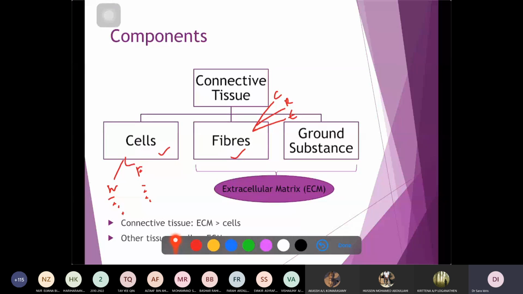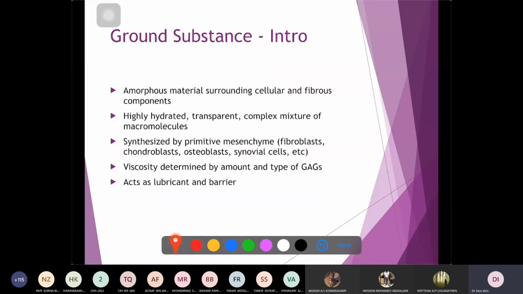It's quite important, of course, but I don't want to go into the different molecular level explanation for ground substance. So just know that ground substance is amorphous material surrounding cellular and fibrous components. It's sort of like if you have a cell, there's the cytoplasmic part. Ground substance is kind of like that.